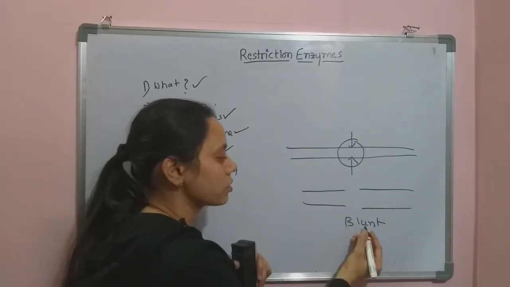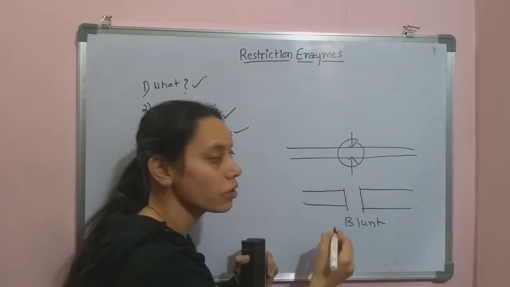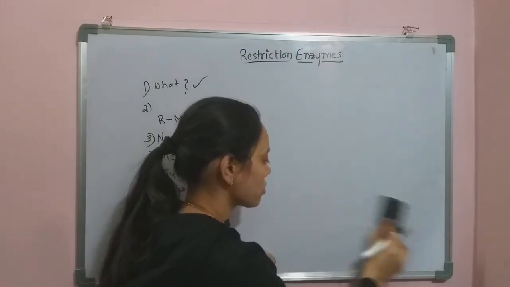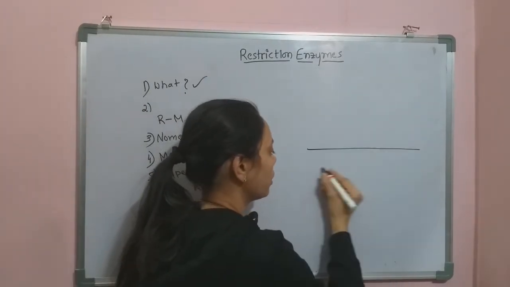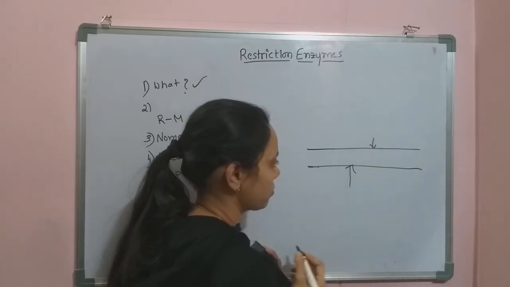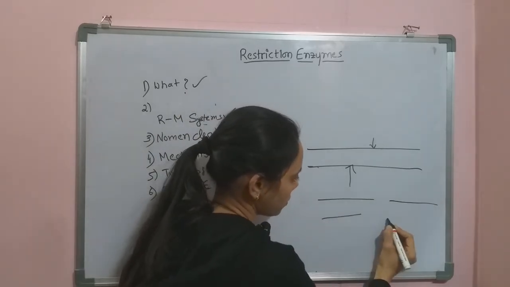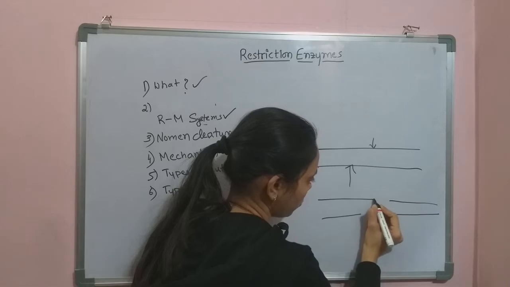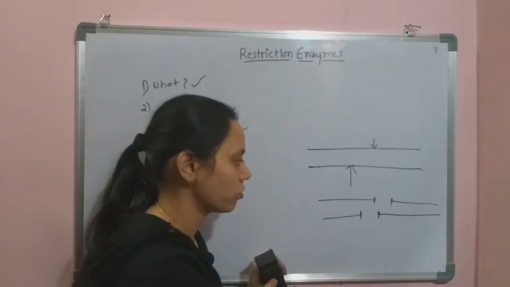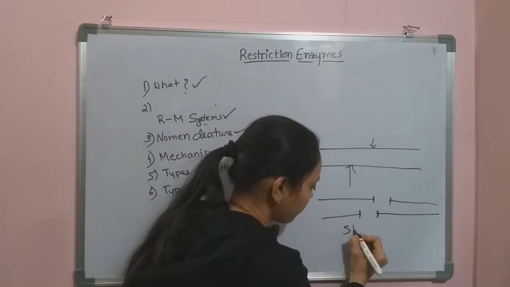So at the same nucleotide position, the cut is called blunt ended. What if a restriction enzyme is able to cut the DNA at different positions? Say for example the cutting is like this, then the product will be similar to this. The nucleotide positions are different, so what we can say, these are sticky ends or staggered ends.